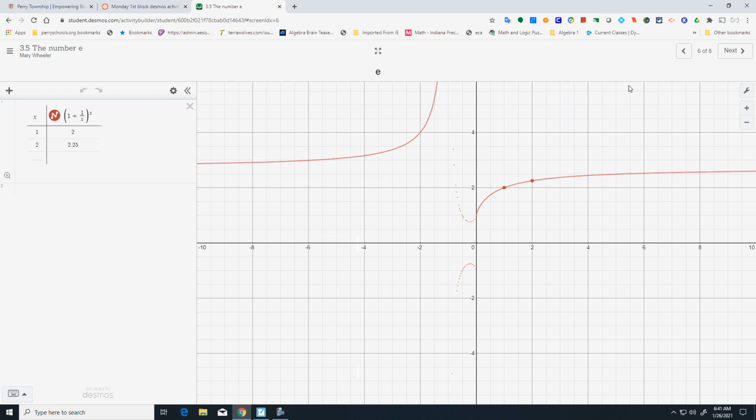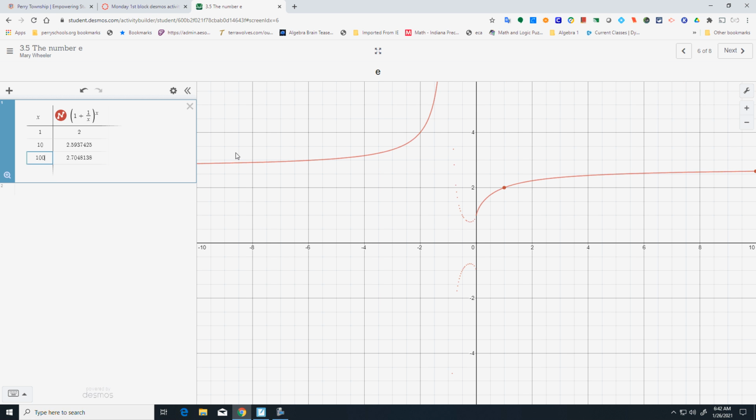Alright, the number e is one that comes up quite a bit in nature, and it's kind of like how pi has a formula that you can use to get pi from the diameter of a circle. We can use this formula to kind of estimate what e is.